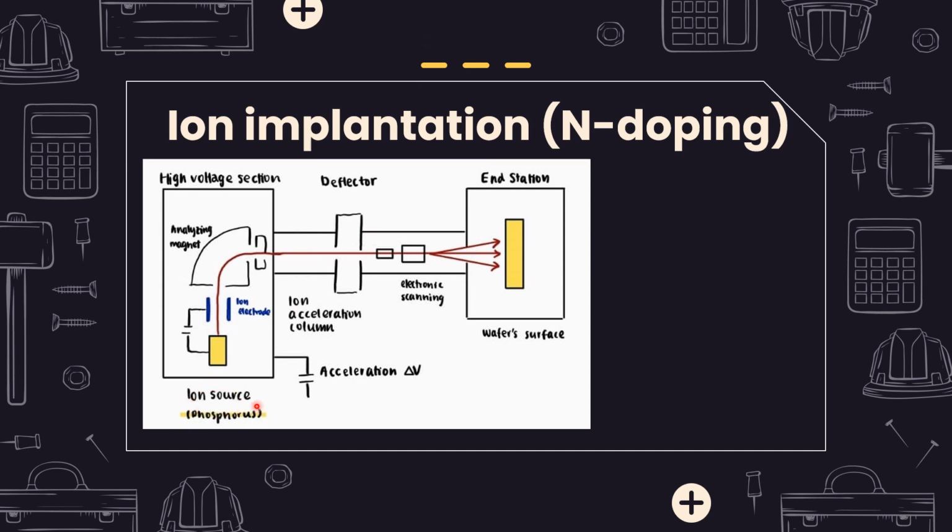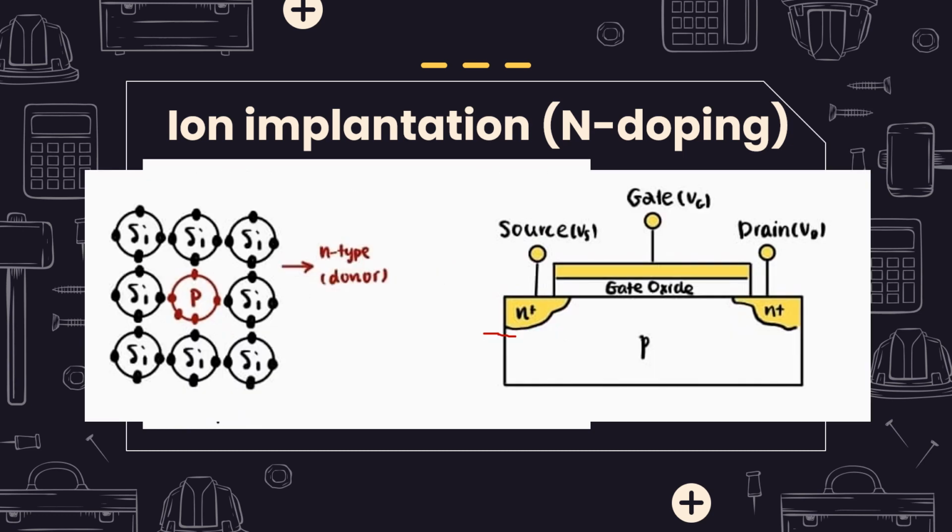Our ion source, in this case phosphorus, would be accelerated in the high voltage sections thanks to the applied voltage. Also, it will be accelerated in the ion acceleration column and will impact our desired locations. I'm sorry, I wrote here wafer surface, but this would be the source, the drain, and the top of the gate, which can be seen here.